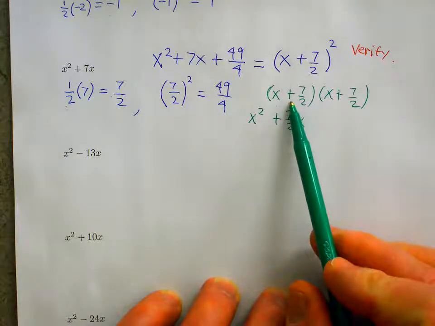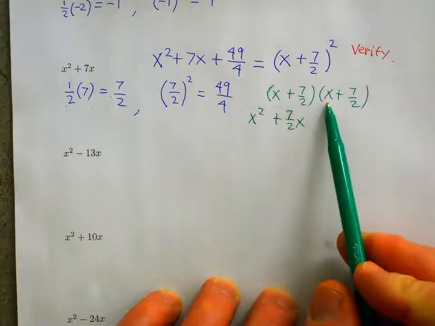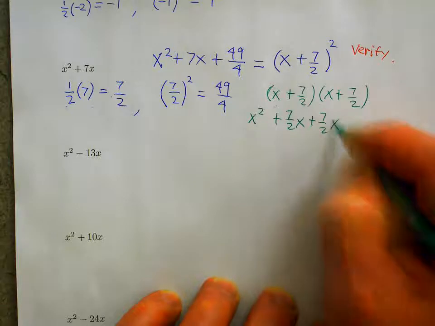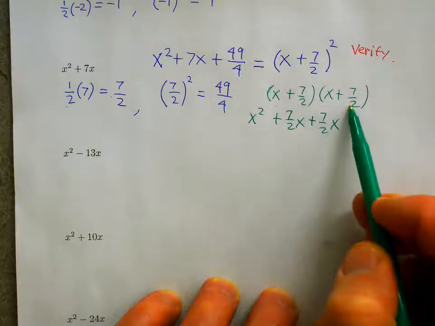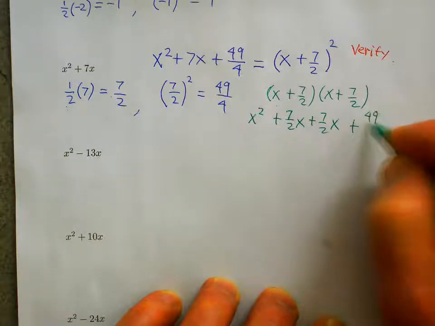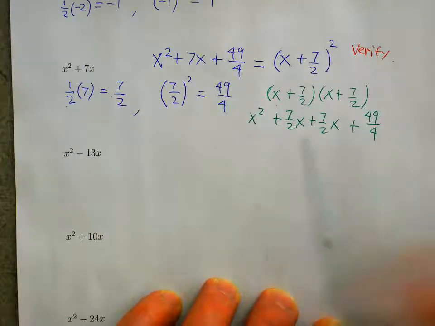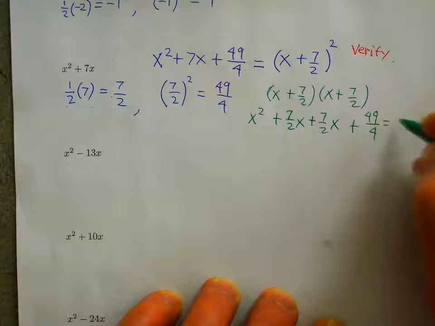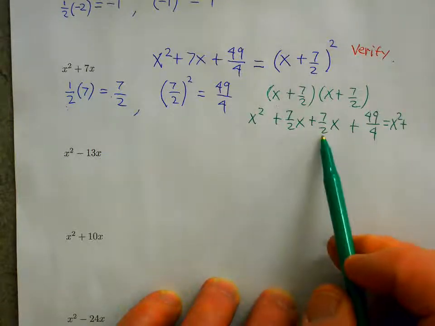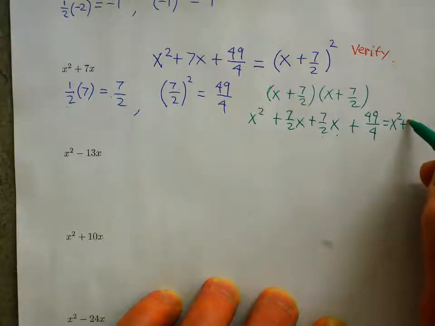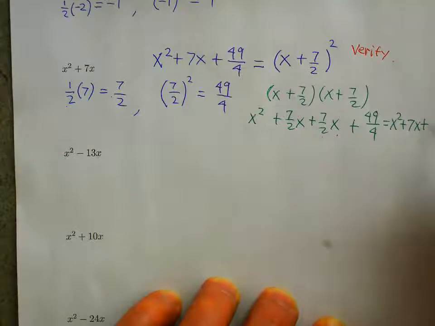And then plus 7/2 times x again. And then plus 7/2 times 7/2, which is 49/4. The two middle terms are like terms. So we get 7/2 x plus 7/2 x is 14/2 x. 14/2 x simplifies to 7x, and then plus 49/4.